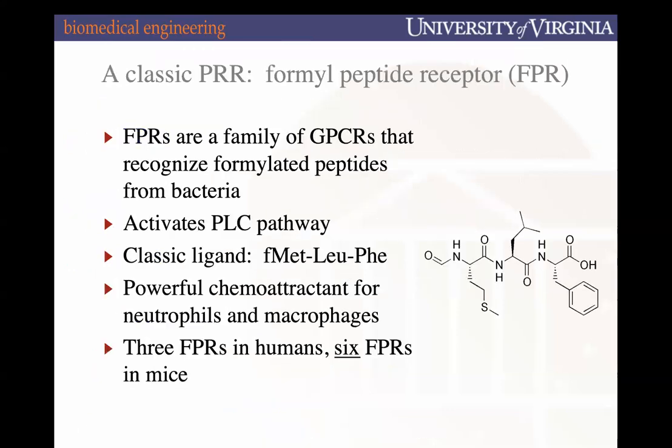One classic pattern recognition receptor is called formyl peptide receptor, or FPR. It's a family of G protein coupled receptors that recognizes specifically formylated peptides. What's noteworthy is that whenever a protein is synthesized during translation, there's usually something called a start codon that triggers the synthesis of that protein.